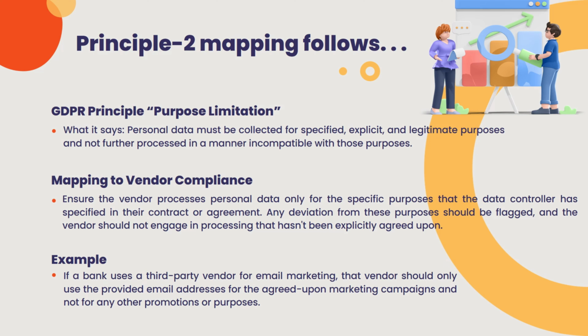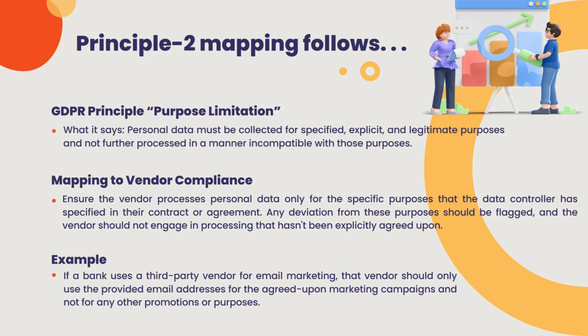So as a data controller, we should mention the purpose of the data processed in the contract. Any deviation from these purposes should be flagged by the controller, and the vendor should not engage in processing that has not been explicitly agreed upon with the vendor.